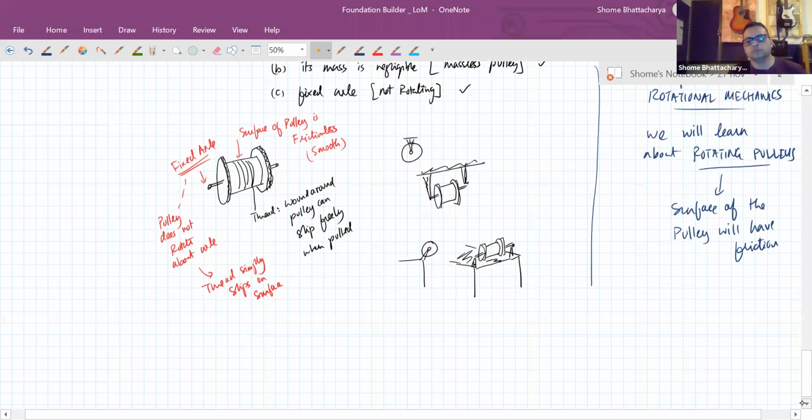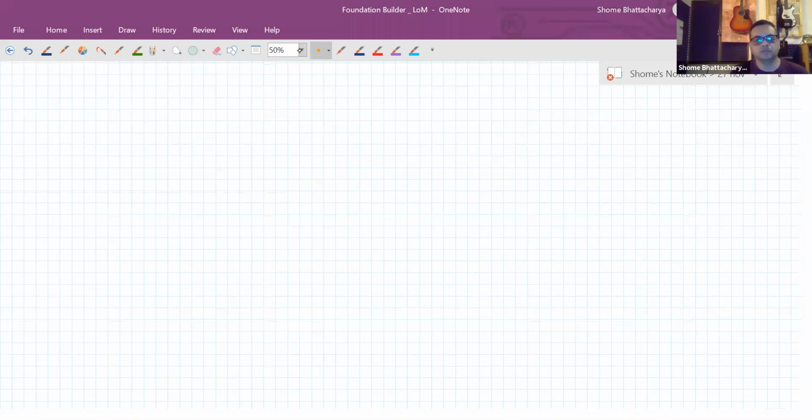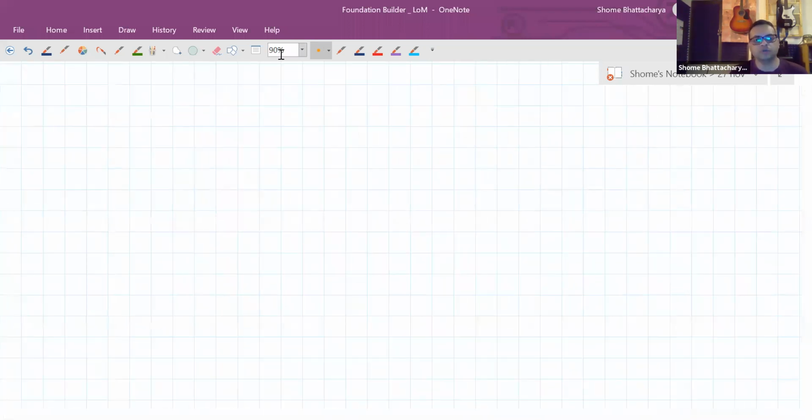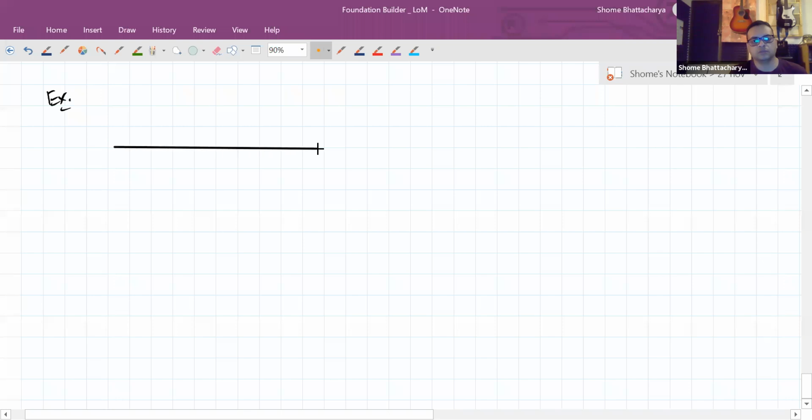Okay, so let's understand a simple situation with a pulley involved. So, for example, if we have this situation, so this pulley is attached to the corner like this. This is a smooth surface.